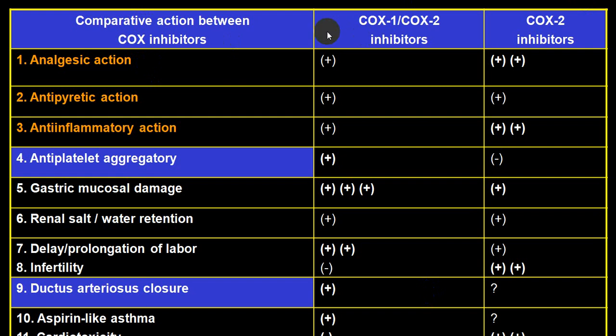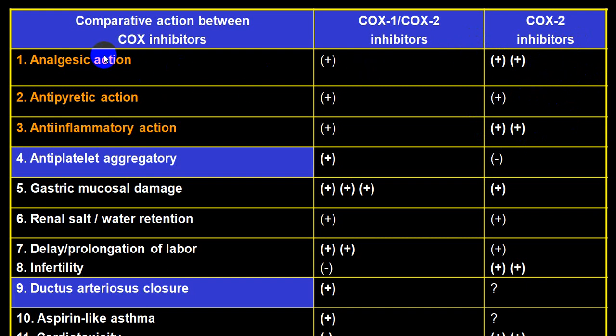Putting together COX-1 and COX-2 inhibitors: there are COX-1 as well as COX-2 inhibitors like diclofenac sodium, and selective COX-2 inhibitors like celecoxib. Nimesulide you can put here because that is a preferential COX-2 inhibitor.